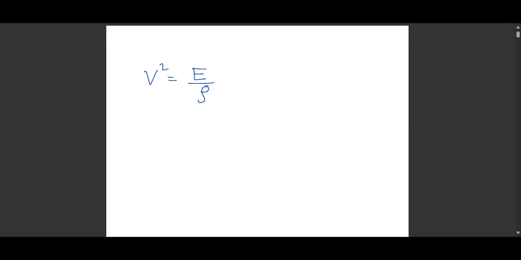Then v is the velocity of the sound along that medium. Now we shall begin by saying our Young's modulus E is given by tensile stress divided by tensile strain.